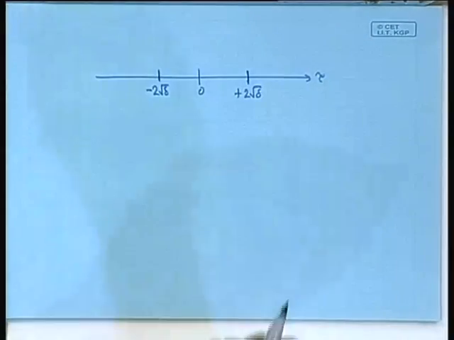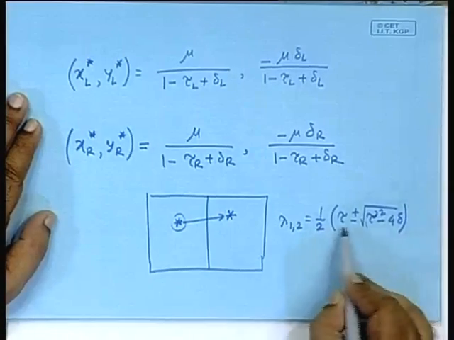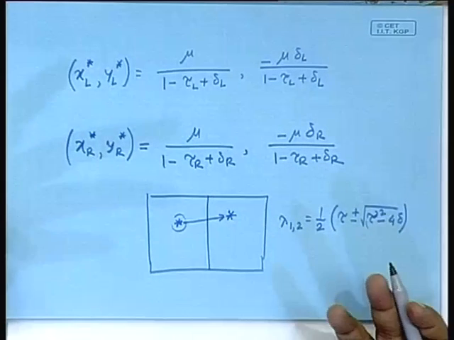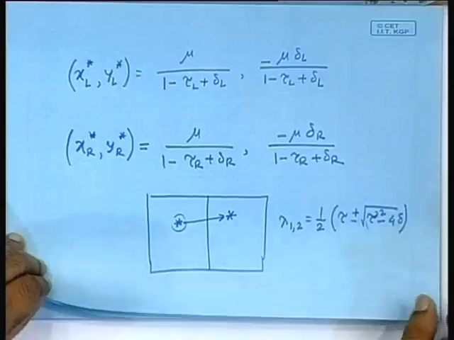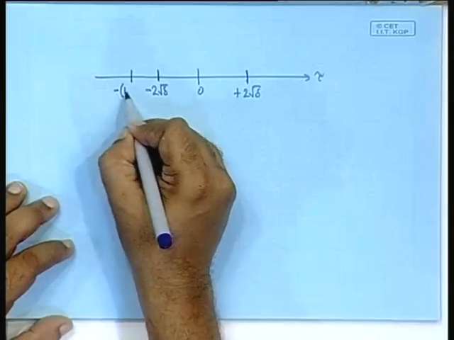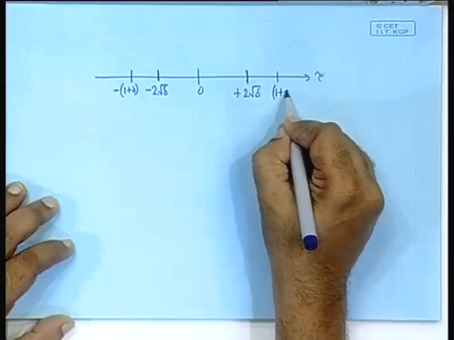Stable means its value has to be between -1 and +1. All you need to do is to equate this to -1 and obtain this. Again you have to equate this to +1 and obtain this condition. If you do that, you would notice that there are two conditions. This is -1 plus delta and here is 1 plus delta.